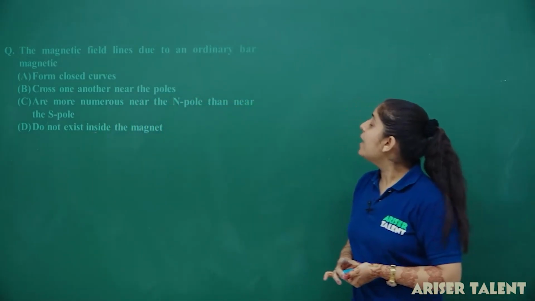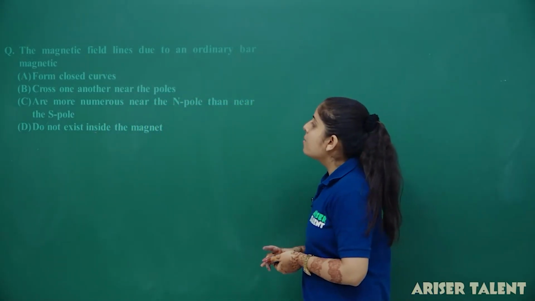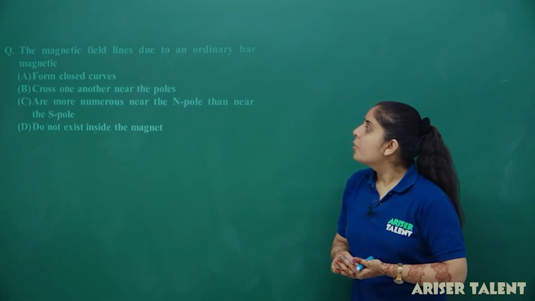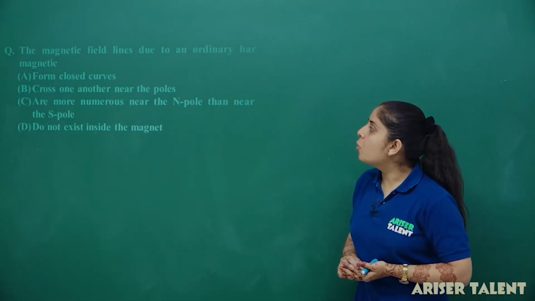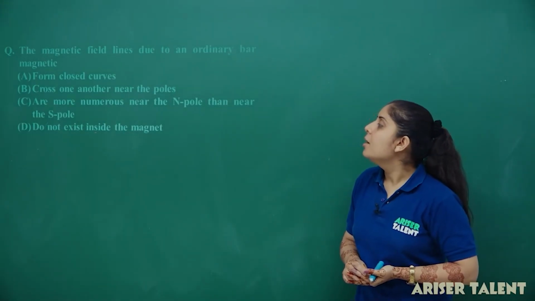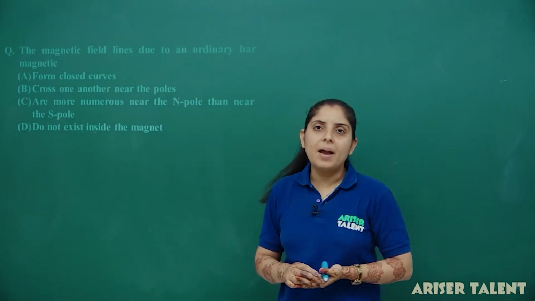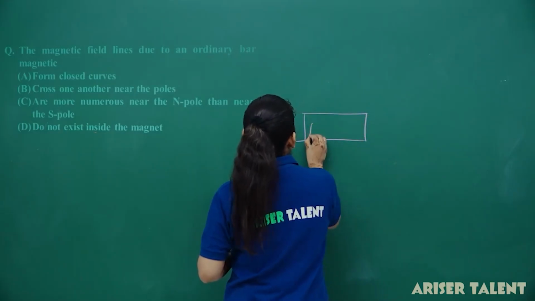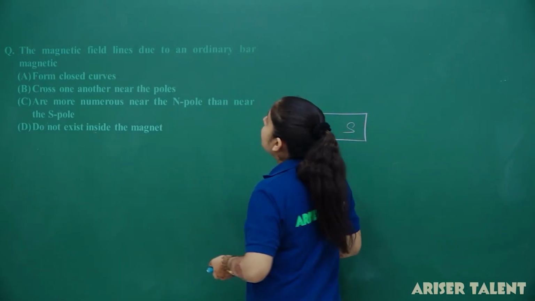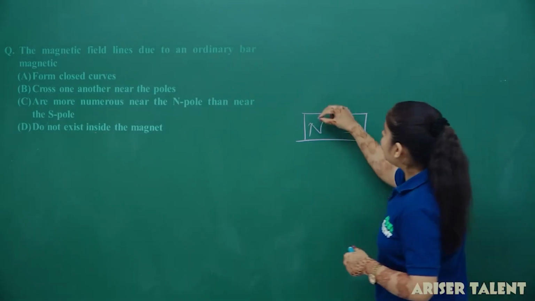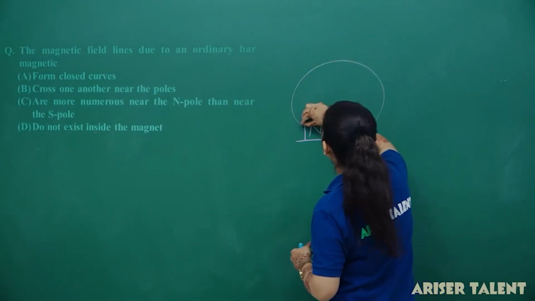The magnetic field lines due to an ordinary bar magnet: form closed curves, cross one another near the poles, are more numerous near the north pole than near the south pole, or do not exist inside the magnet. If I am considering an ordinary bar magnet, suppose this is our bar magnet, the magnetic field lines due to this bar magnet are always going to form these closed curves.